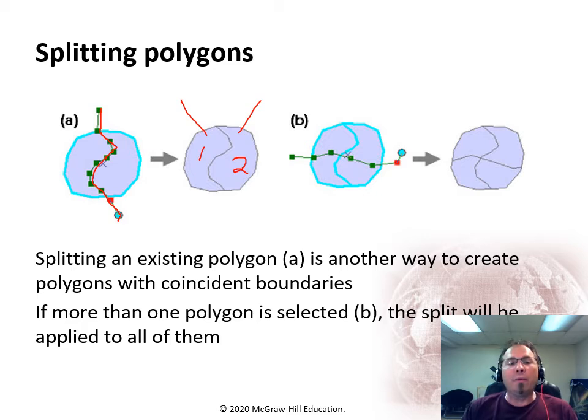So the original polygon had, let's just use simple math, an area of 1. I cut it in half. Now the area of polygon 1 is 0.5 and the area of the other one is 0.5. It recalculates it for you. Shapefiles won't do that. You'd have to manually do that. That's one of the reasons why geodatabases are so powerful.